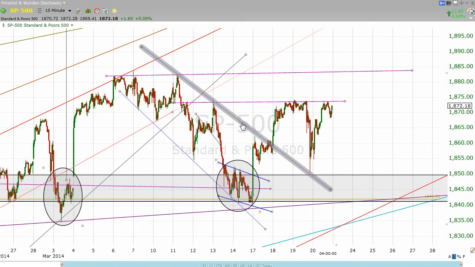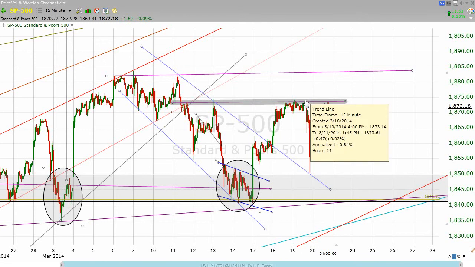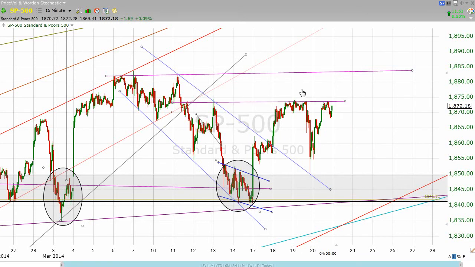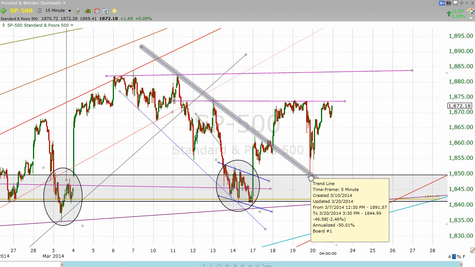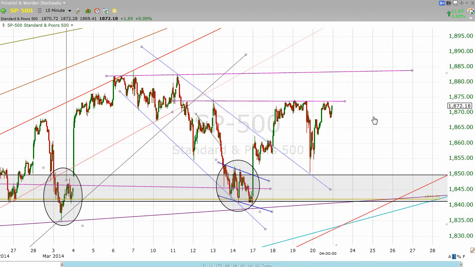Now this line was resisting the S&P for 1, 2, 3, 4, 5 days, then it broke out. Then we had the Fed statement yesterday, 2 o'clock. Boom, came down, bounced right where it should have.